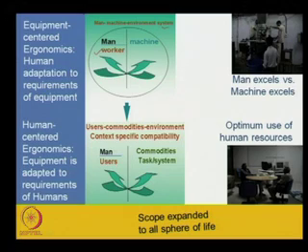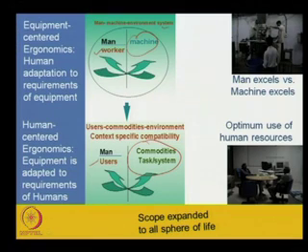Here man was worker, now man is replaced as users, and instead of machine, now it is seen as commodities, tasks and systems. If it started with equipment centered ergonomics, now it is human centered ergonomics, where equipment is adapted to requirements of humans.